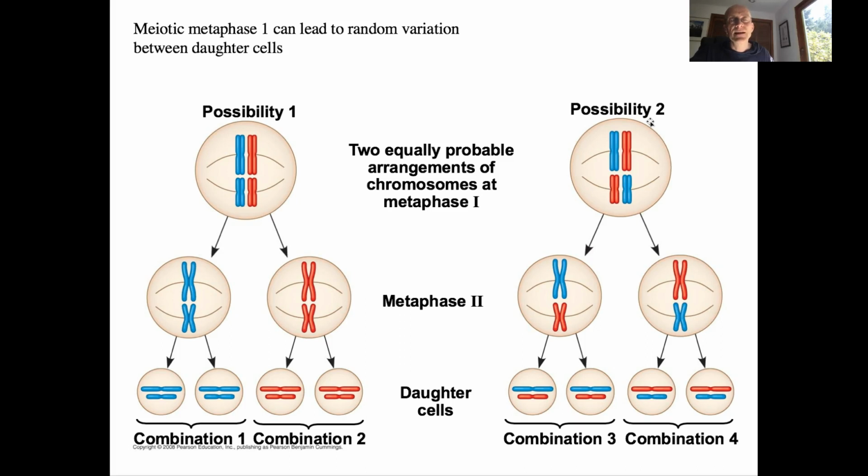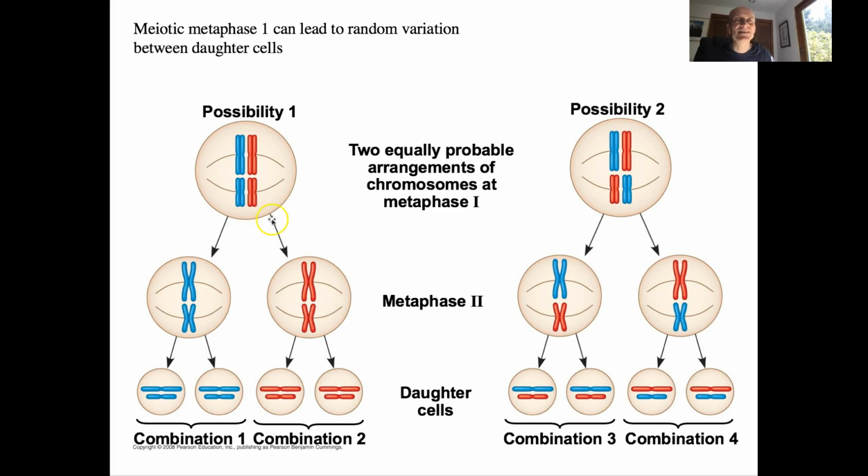But of course, since germ cells are produced in large numbers, certainly for sperms, overall, when you look at all those hundreds, maybe thousands, maybe millions of cells, you get the different combinations in different cells. So they can either go this way or they can go that way. So this shows you one way of how you can get random variation between different daughter cells without crossing over.